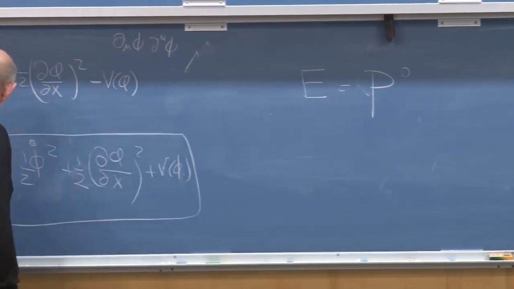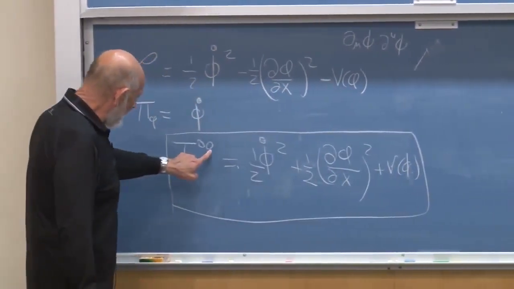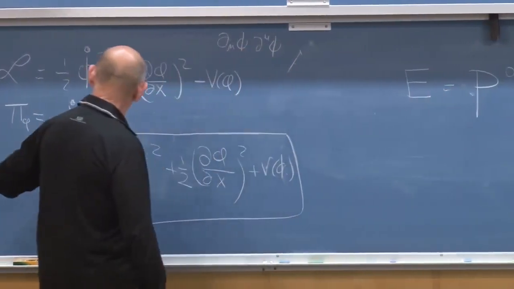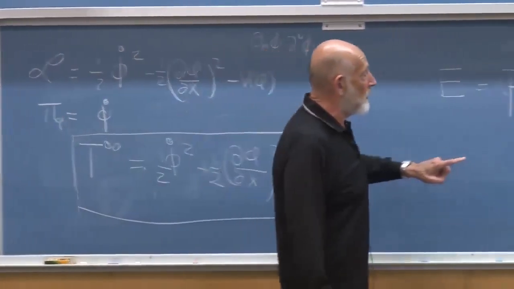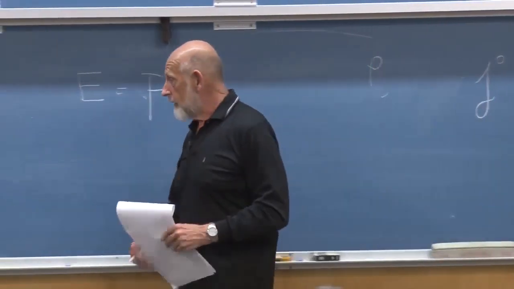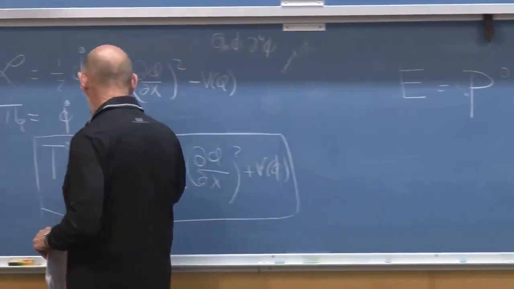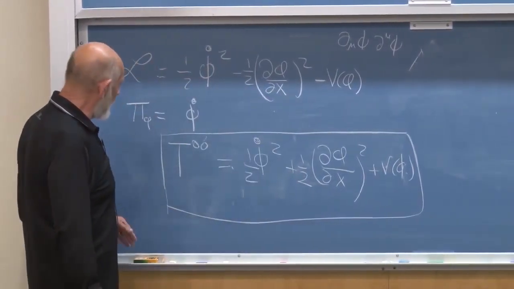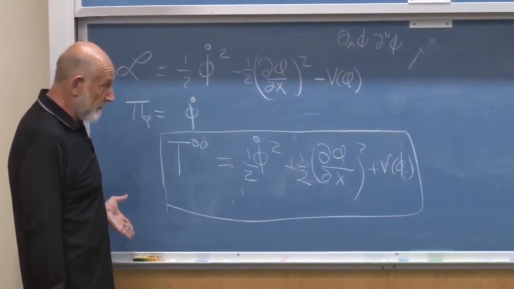That's why there are 2 zeros up here. One of them stands for the fact that we're talking about energy, and the other one has to do with the fact that we're talking about a density. I think I'll take the second one to have to do with the energy, and the first one to have to do with the fact that it's a density.